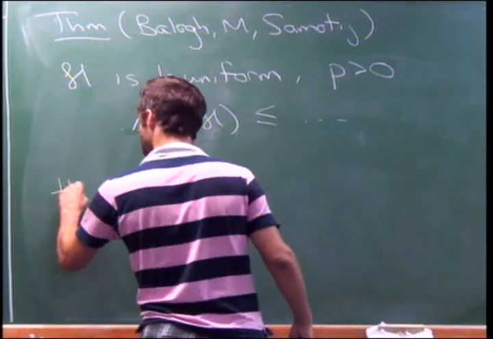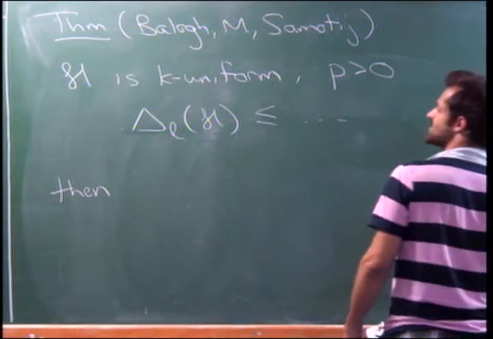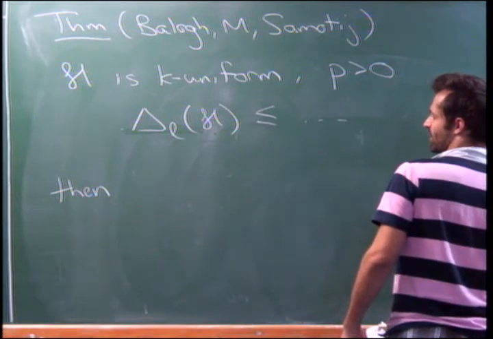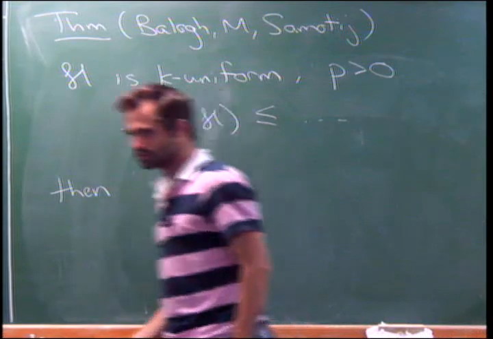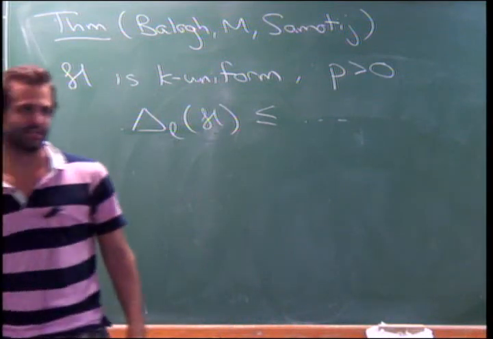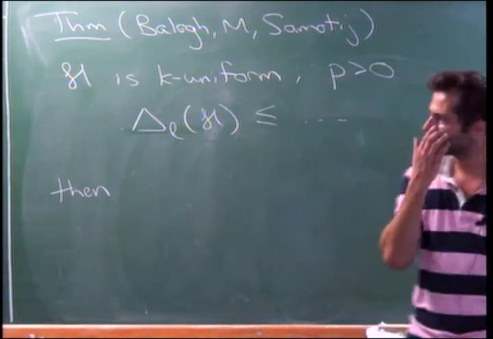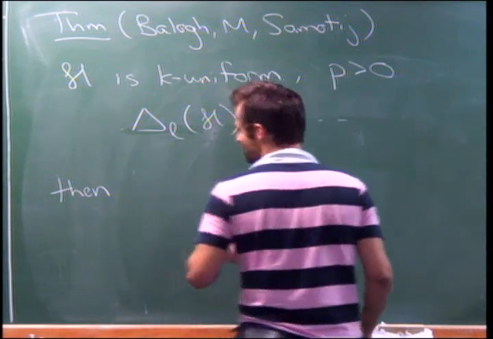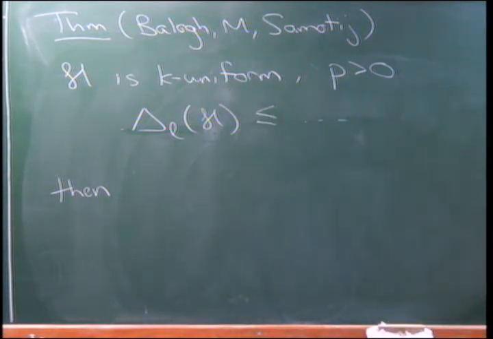Then basically you can count independent sets in these graphs. They do something slightly different. So I don't know quite the right way to say this. The actual result is somewhat technical.